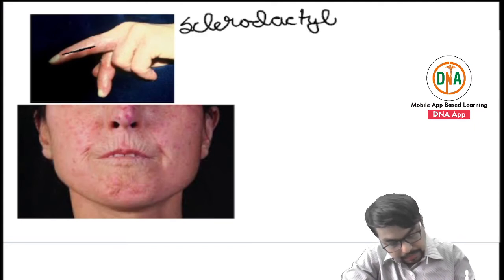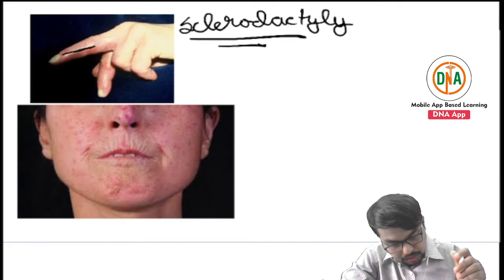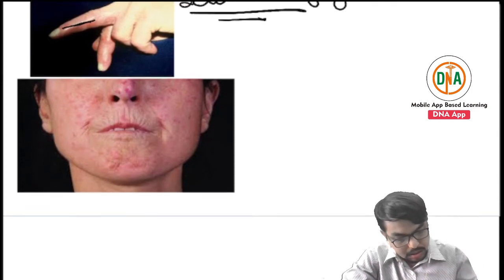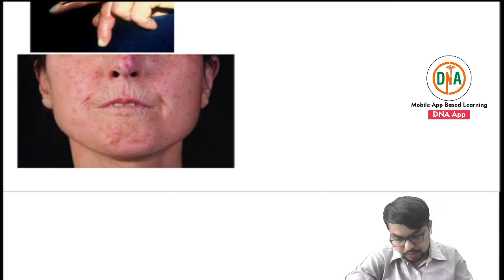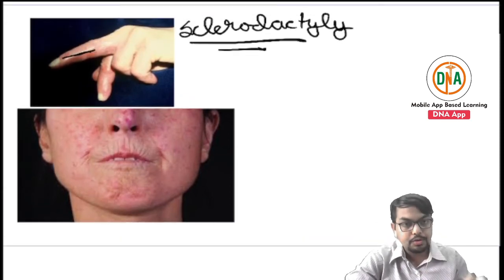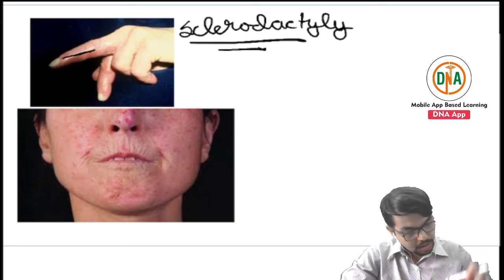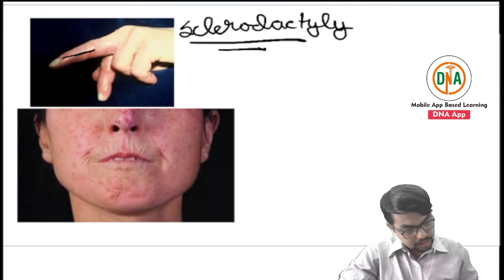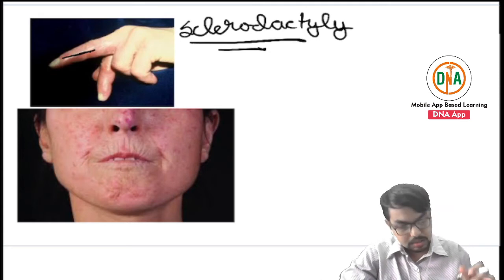Now the diffuse cutaneous variety, there will be involvement of the trunk, and involvement proximal to elbow and knee. What are the other cutaneous features of the diffuse cutaneous variety?